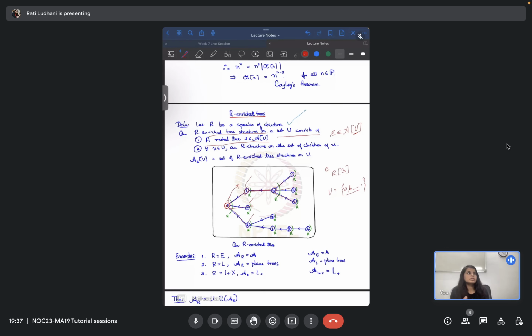You cannot take, for example, the 0 species, because the 0 species has no structure on any set. If you consider that with the rooted tree, there is no structure on E, so you cannot have any R-enriched tree. So R of 3 should be non-empty, R of 1 should be non-empty.